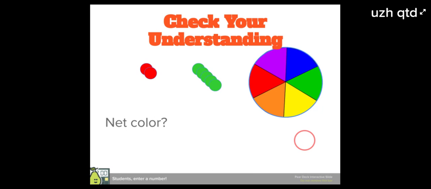Let's do it again. What is the net color of these 2 colors here? I'll give you about 30 seconds to add that up.